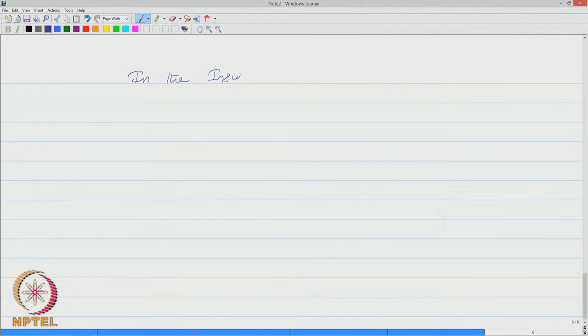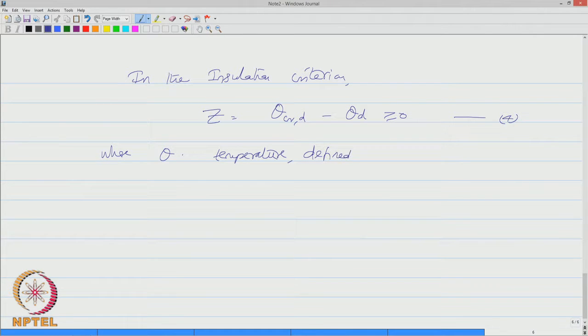In the insulation criterion, Z can be expressed as theta_cr,d - theta_d greater than 0, where theta is the temperature defined as those on the surface of the member which is not exposed to fire.